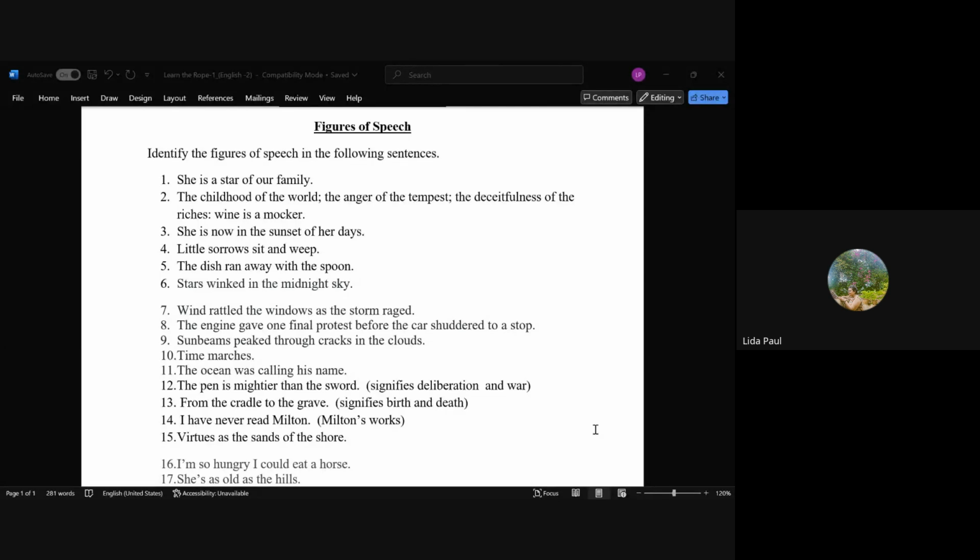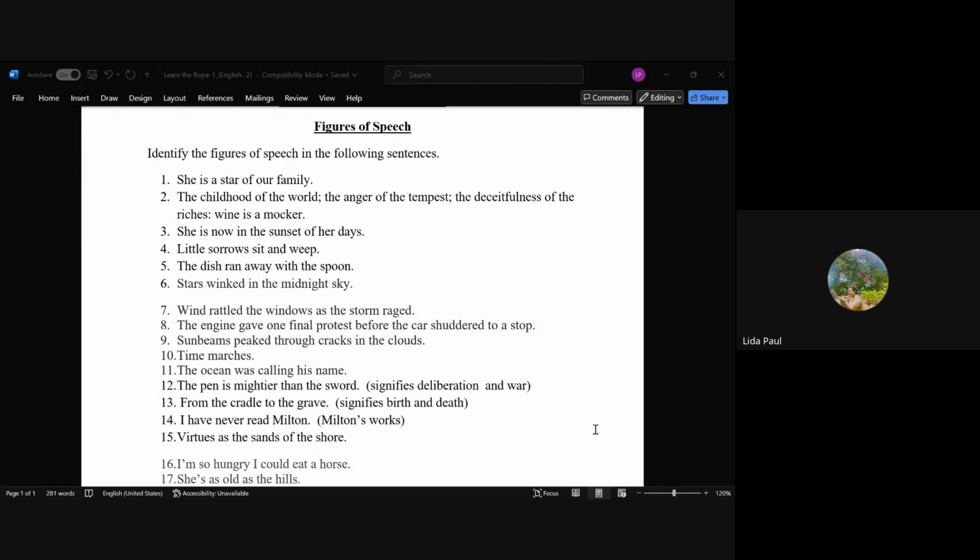Okay? Now, time marches. This again will be what? Personification, right? The ocean was calling his name. Also personification. Yes, same. Okay. Then, the pen is mightier than the sword.